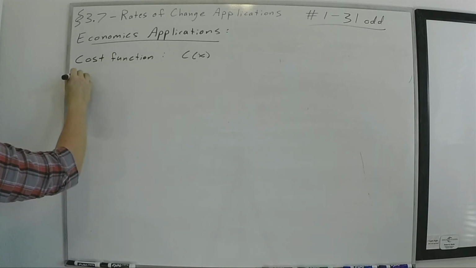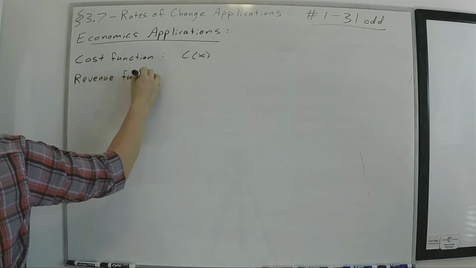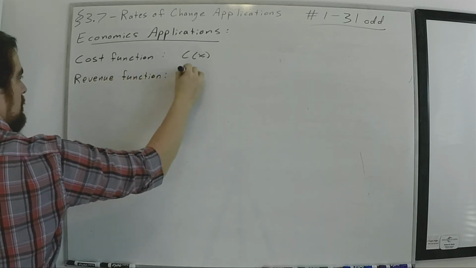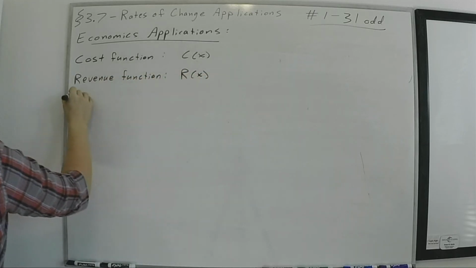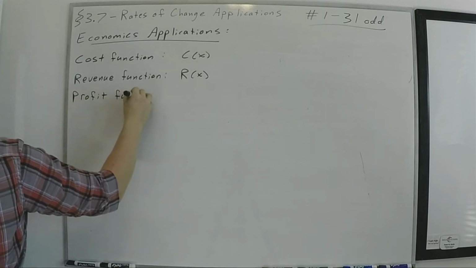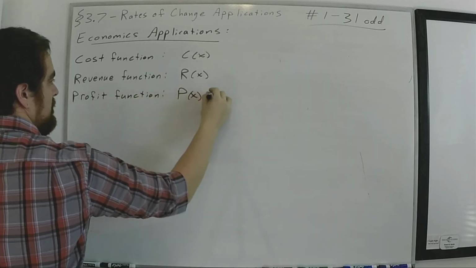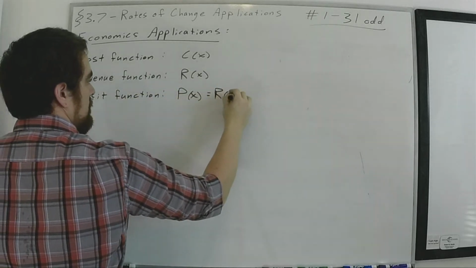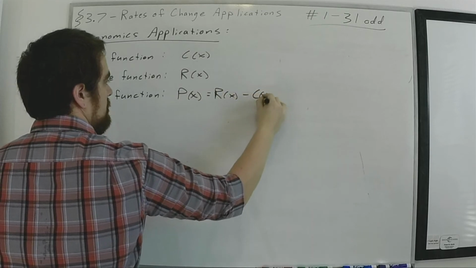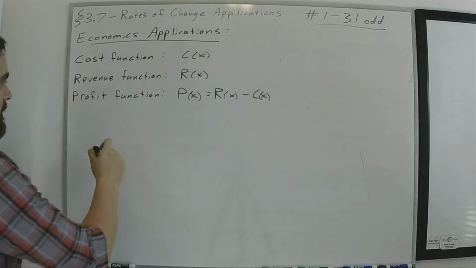They can talk about the revenue function, r of x, and the profit function. And there is a way to actually find the profit function. It is all your revenue minus your cost.